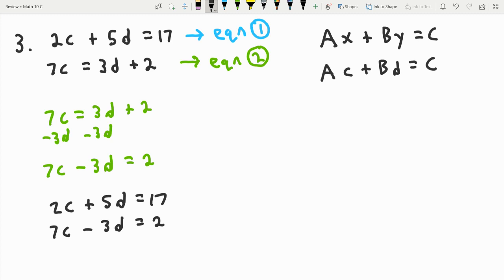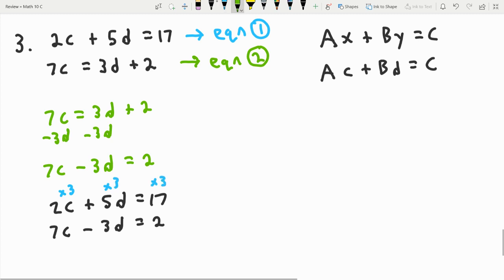But doing so requires multiplying every term by a fraction. So instead of working with fractions, what we can do is multiply both the first equation and the second equation by a whole number that can still make this possible. So here's my plan. For equation 1, I'm going to multiply every term by 3.